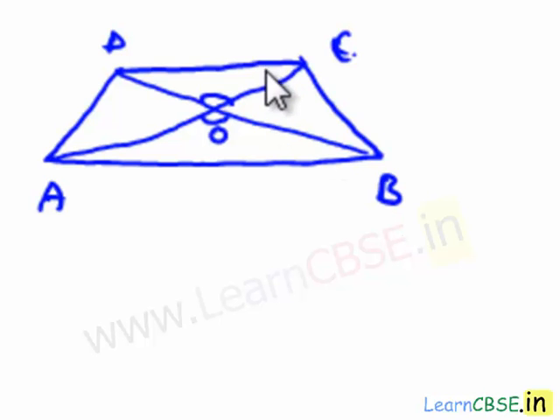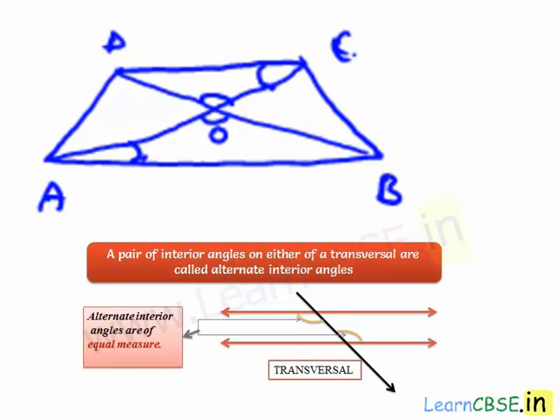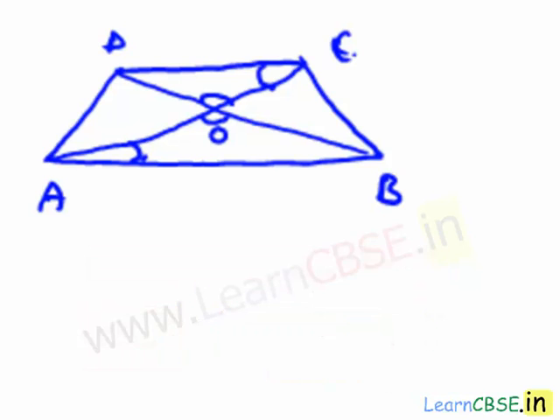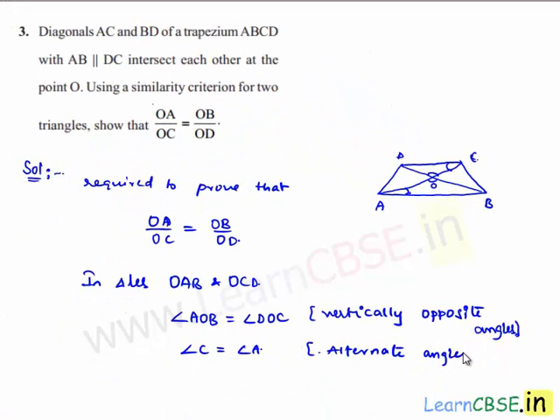And also, as AB is parallel to DC, angle C will be equal to angle A, as they are alternate interior angles with AB parallel to DC and CA as transversal.